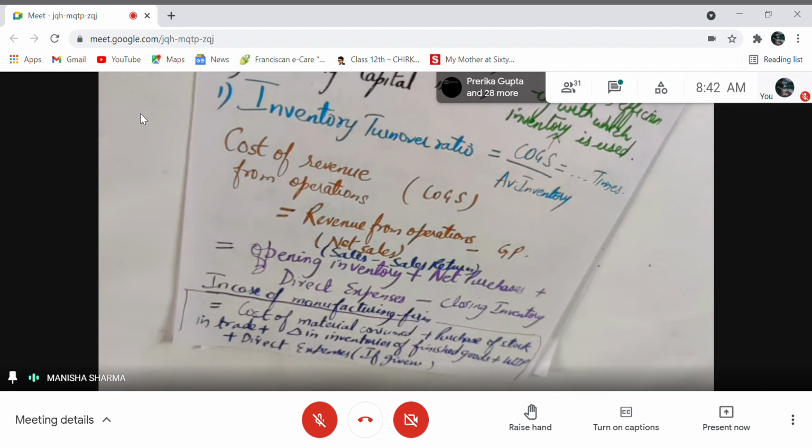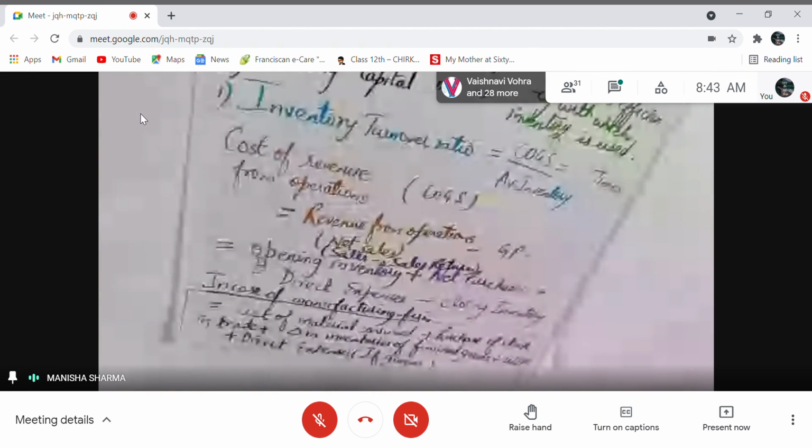And in case it is a manufacturing firm following Schedule 3, where the profit and loss account is given, not about a sole proprietor, this is the new thing you need to remember. In that case, cost of revenue from operations or COGS will be equal to cost of material consumed plus purchase of stock in trade plus change in inventory of finished goods plus work in progress plus direct expenses, if given in the question.